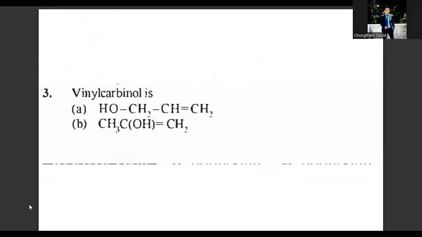I think this is already repeated. If you watched my previous episode, not episode 1, episode 2 on alcohols, phenols, and ethers, you will notice that this question is repeated. The options are given only A and B here. For your reference, I will show you the second, the third, and the fourth option.